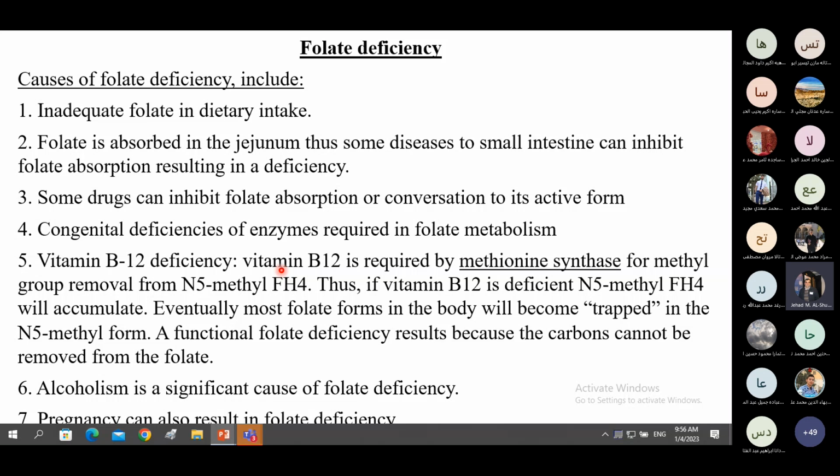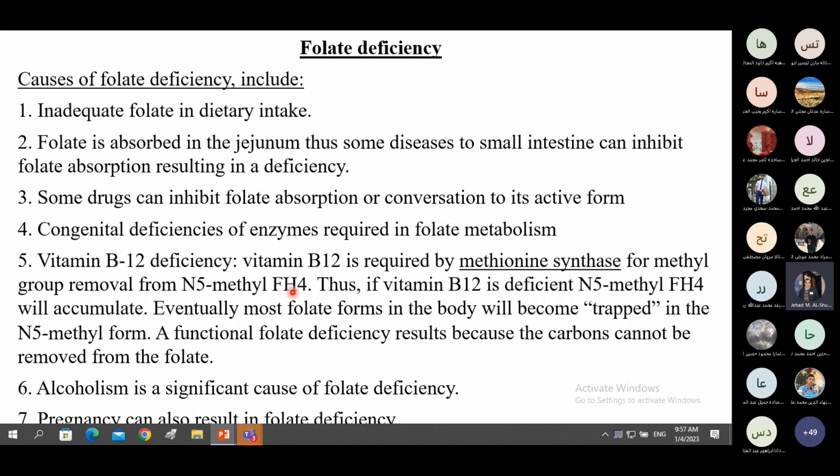Vitamin B12 is required by an enzyme known as methionine synthase to remove the methyl group attached to where? To N5 in the FH4. As we said, FH4 transports the one carbon group, and this one carbon group is attached to which atoms in the FH4?